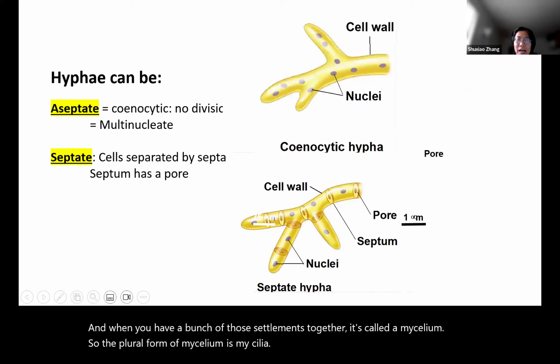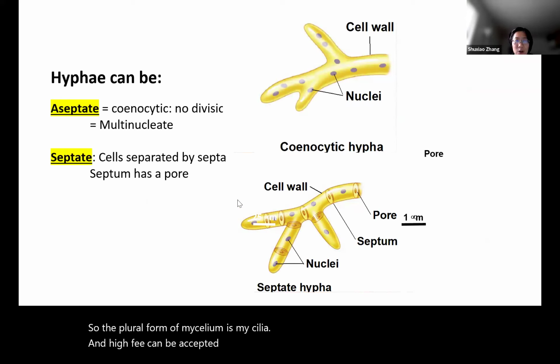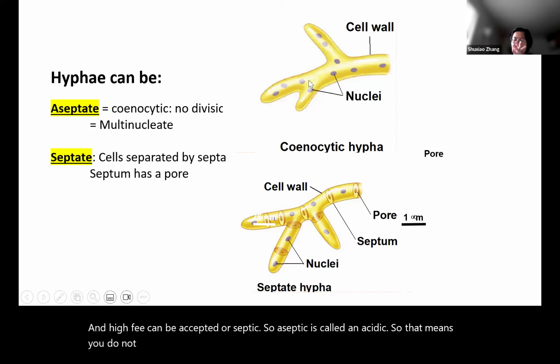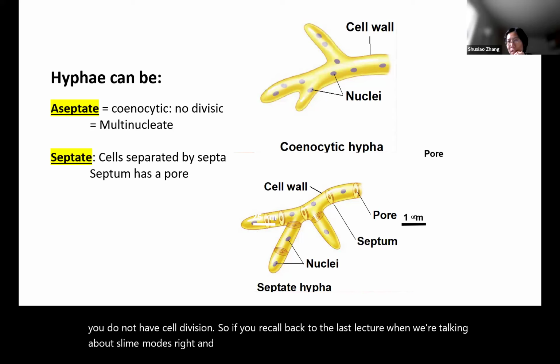And the hyphae can be aseptate or septate. So aseptate is coenocytic, so that means you do not have cell division. If you recall back to the last lecture when we were talking about slime molds, for the plasmodium form or the feeding form, when the slime mold does division, the cells do not do cytokinesis.